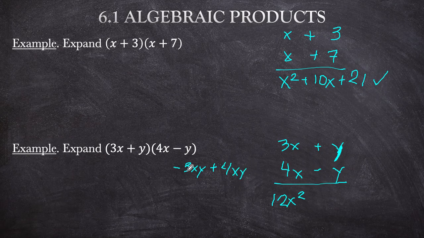So minus 3xy plus 4xy is going to give us plus xy only. That is plus 1xy. And then positive y times negative y is going to give us negative y squared. And that is our answer for this example. Okay, as you can see, it's cleaner. It makes use of one line, and then we're done.